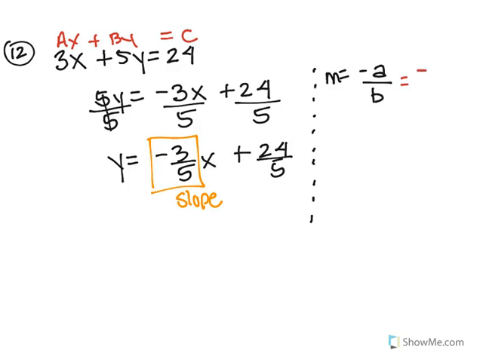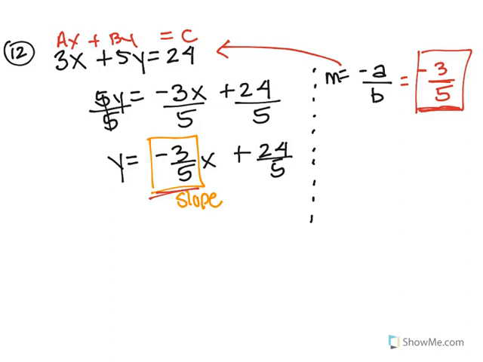And you would just say minus the number that's on x, which would be 3, over the number that's on y, which is b, and that's 5. And you see you get the exact same number, which means that's the slope, as you would if you were to put it in slope-intercept form. So either way, it will work. This formula you can use when you're in standard form to find that slope.